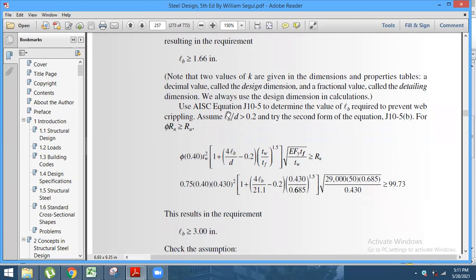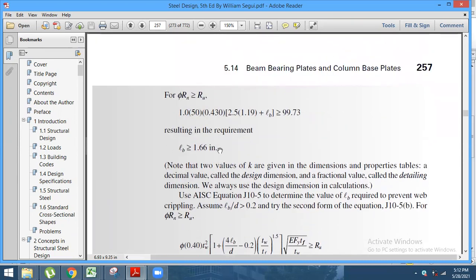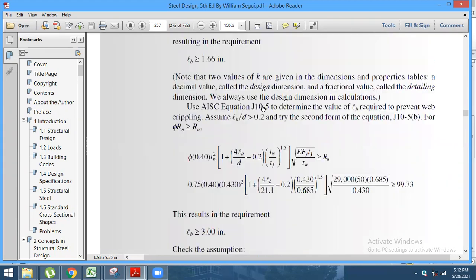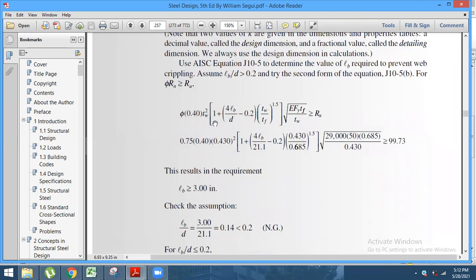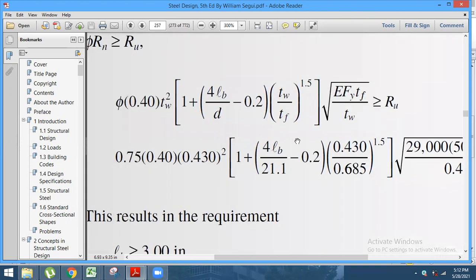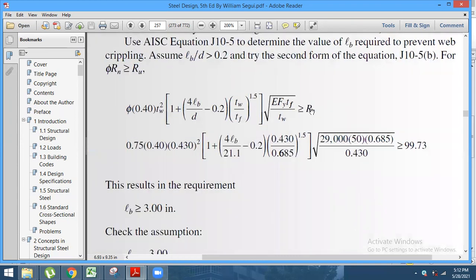Now, for AISC equation J10-5, determine the value of LB required to prevent web crippling. Okay, so yung ito na LB is based sa checking natin sa web yielding formula. Now, for the checking of the web crippling, ito naman yung magiging equation natin. I-equate natin yung equation doon sa applied force which is 99.73.